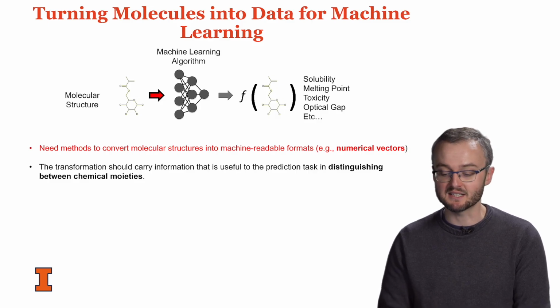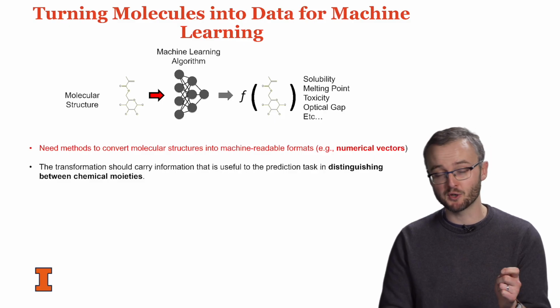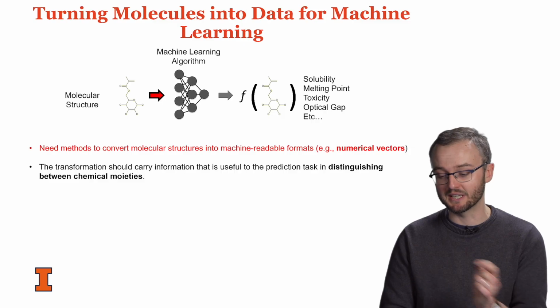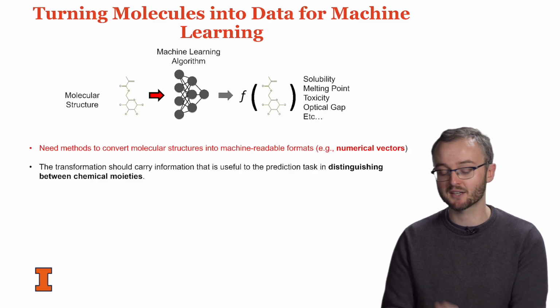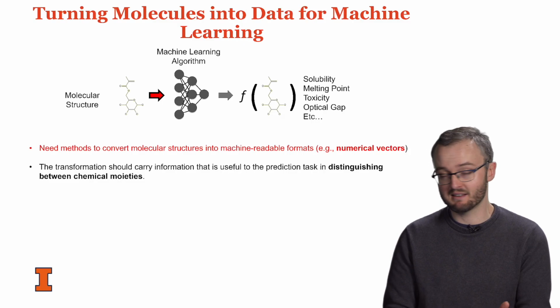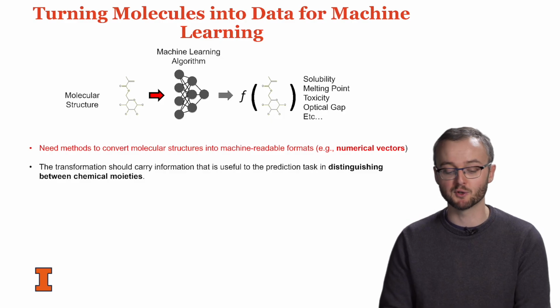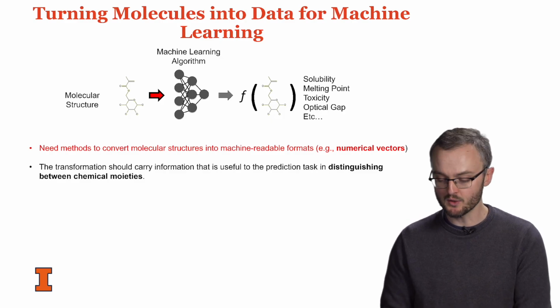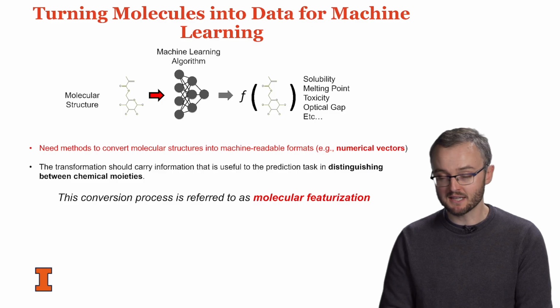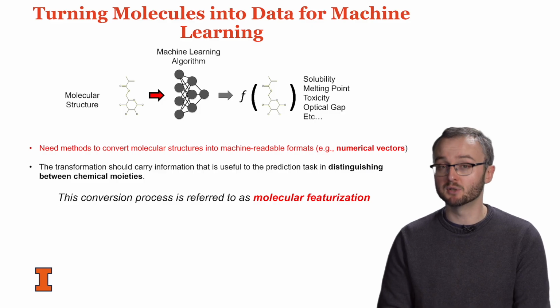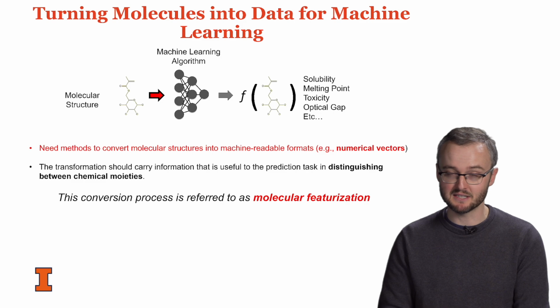This task is incredibly important in the machine learning pipeline because how you turn a molecule into a vector or into a list of numbers that a computer can act on determines how effective your prediction algorithm can actually be. So this process is referred to as molecular featurization. That is the fancy phrase for it.